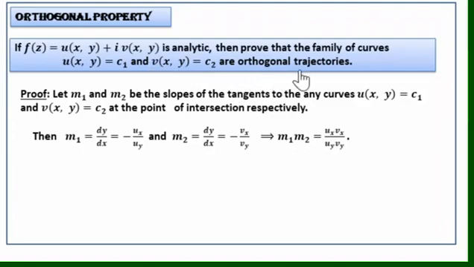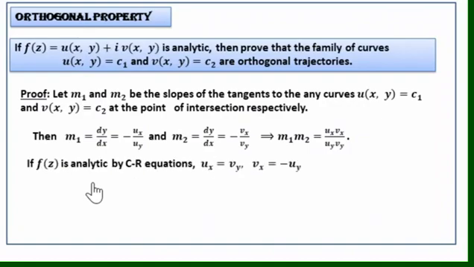Okay, so now since the function f of z is analytic, u and v satisfy the Cauchy-Riemann equations. So we have uₓ equal to vᵧ and vₓ equal to minus uᵧ, or we can write uₓ into vₓ equals minus uᵧ into vᵧ.